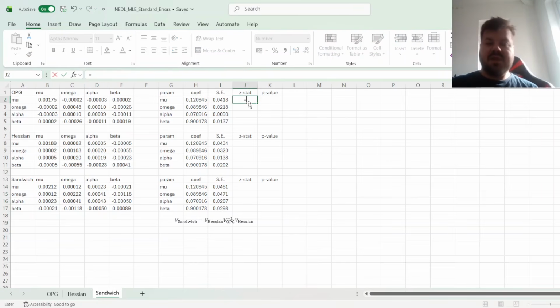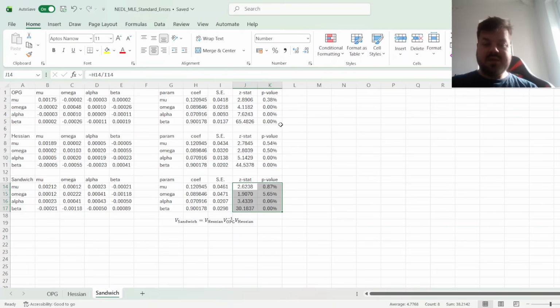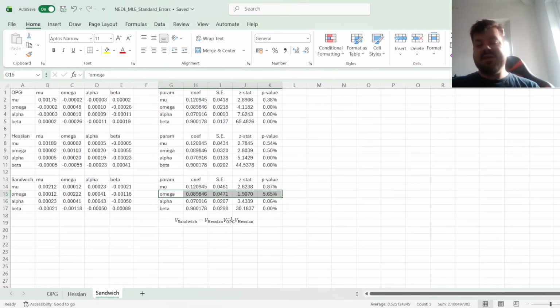And if we apply it to significance testing, for instance, and calculate the p-values for all the approaches using the two-tailed z-test, we see how, for instance, in the sandwich estimator, the omega parameter ceases to be significant at 5%, still significant at 10% though.